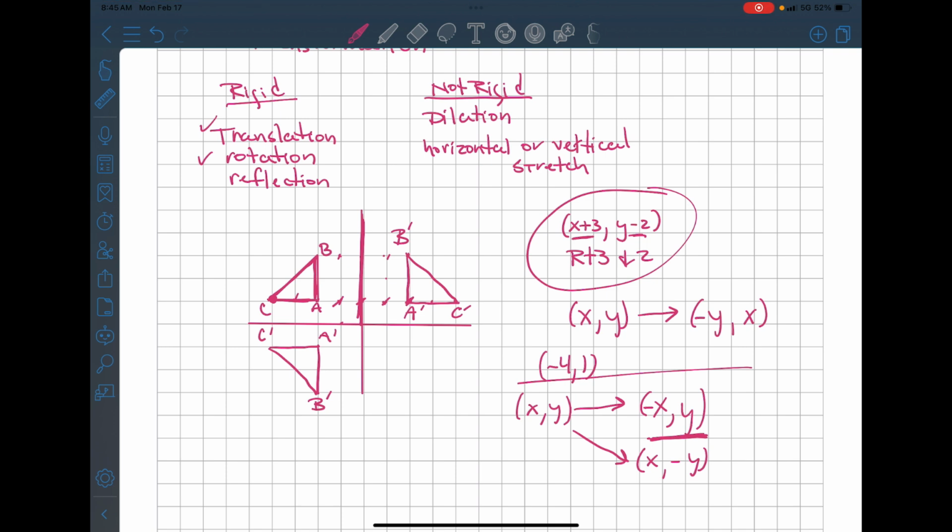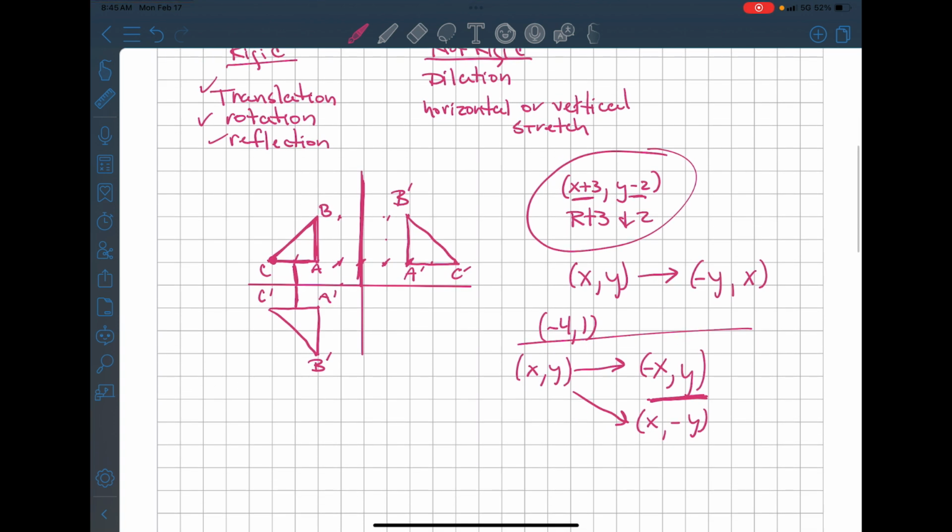So it took 1 whole unit to get this shape to it, so it takes 1 whole unit to take it to its image. Remember, image is our second, it's our final thing.